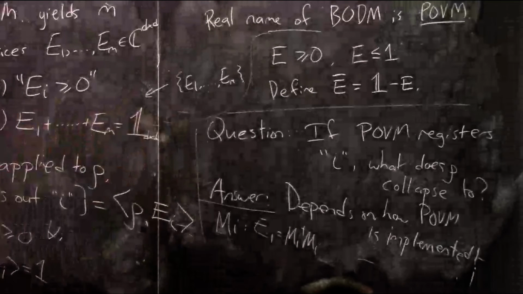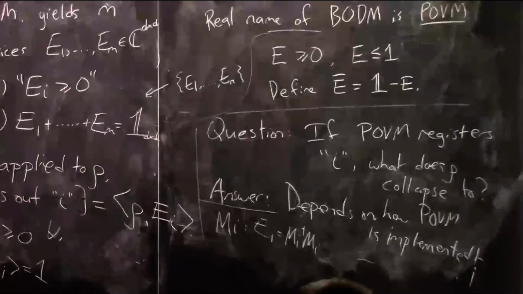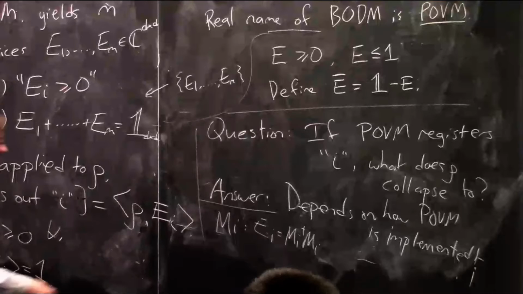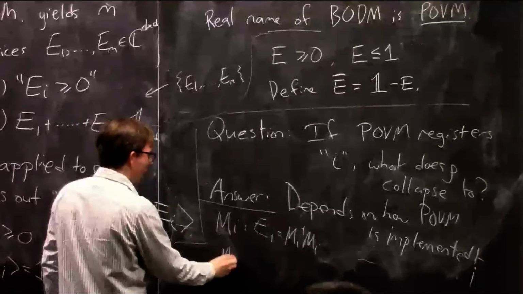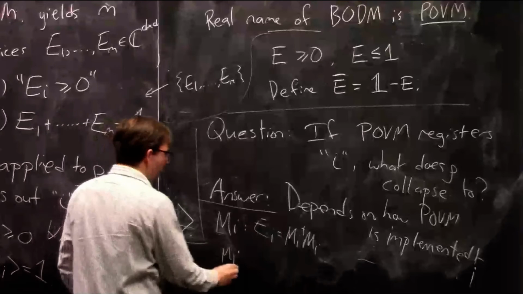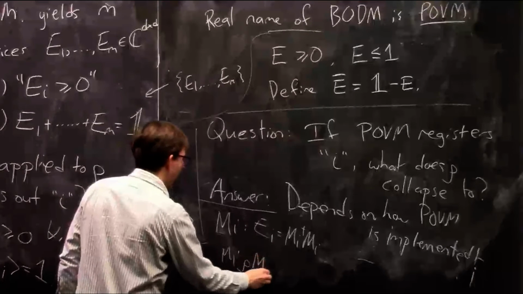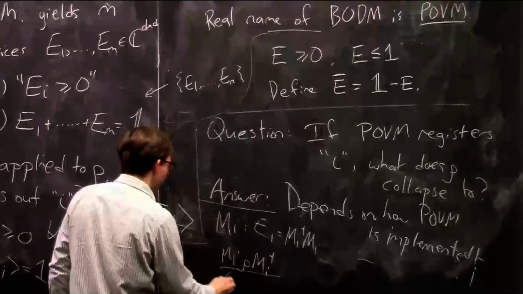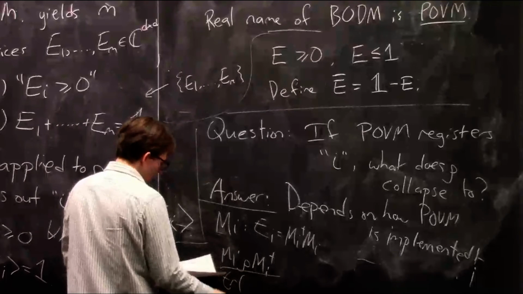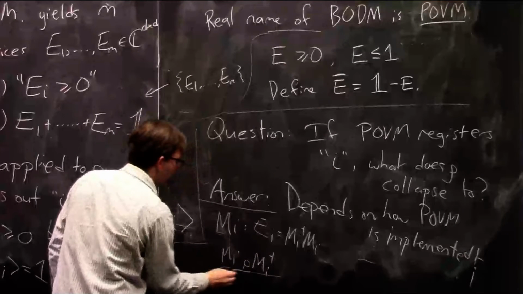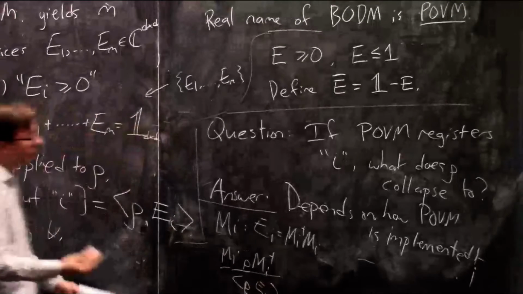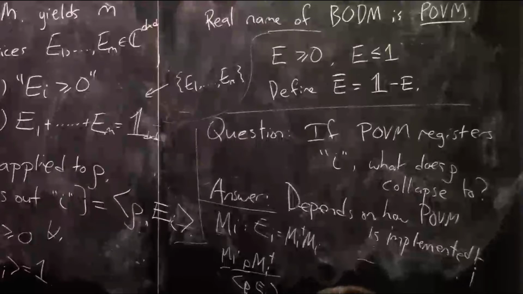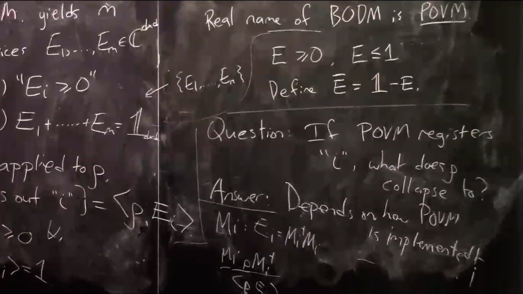And then I can just tell you, since it's in my notes, when you register outcome I, it collapses to Mi rho Mi dagger over the normalization condition, which is actually just rho Ei. But somehow this doesn't come up that much.